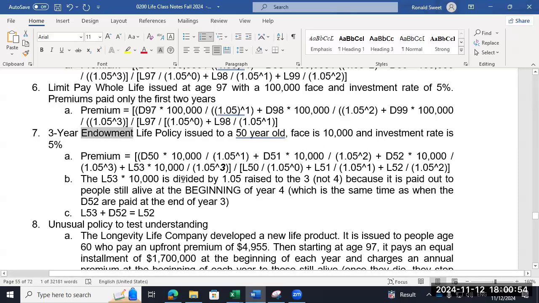And I said there's a way to simplify it. So to simplify, you have to realize that L53, people alive at age 53, plus D52 equals L52, which means you could take this entire thing and simplify it.